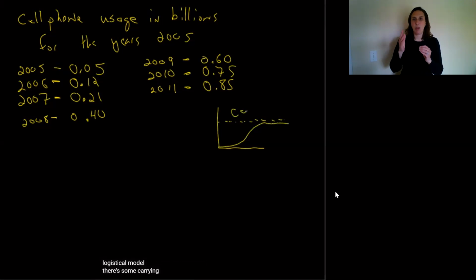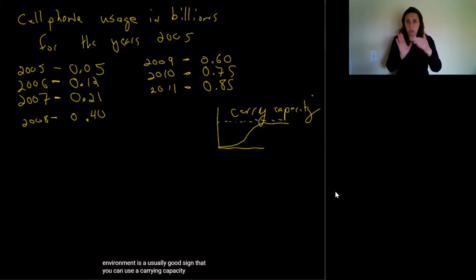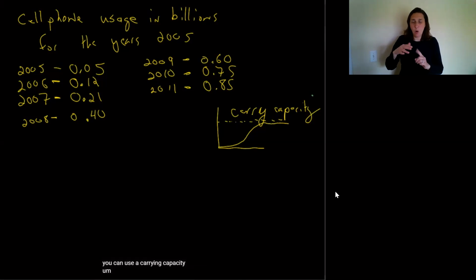There's some carrying capacity. An enclosed population or an enclosed environment is usually a good sign that you can use a carrying capacity. And so we need to solve for the variables in the carrying capacity.